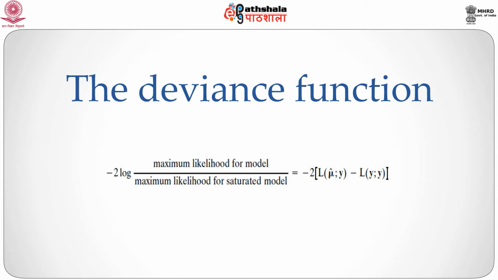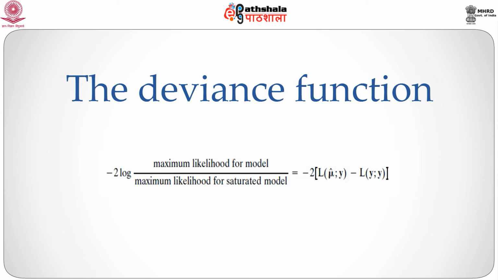The first term, that is L(mu hat, y), refers to the likelihood from my fitted model, written not as a function of the canonical parameter, but as a function of the mean of y, mu, or rather a function of the fitted mean of y.